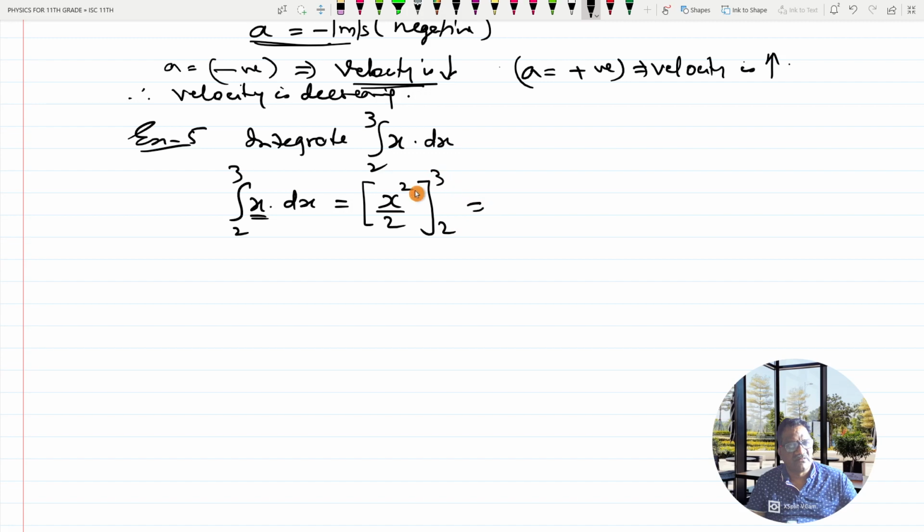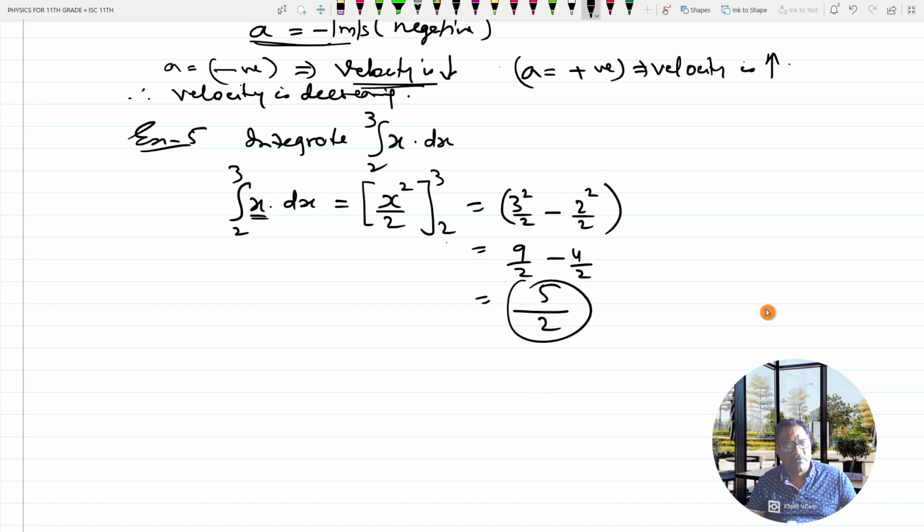I will put x as 3, so 3 square upon 2 minus, now I'll put the value 2 instead of x, so 2 square upon 2. This works out to 3 square is 9 upon 2 minus 2 square is 4 upon 2. This works out to 9 minus 4 is 5 upon 2. So this is the answer. The definite integration of this is 5 by 2.